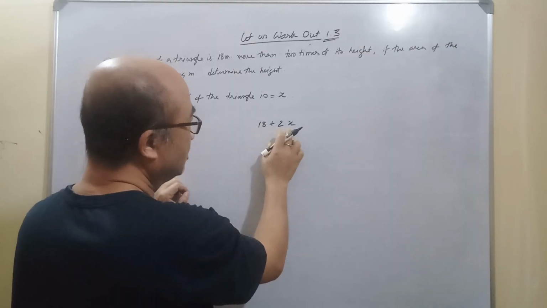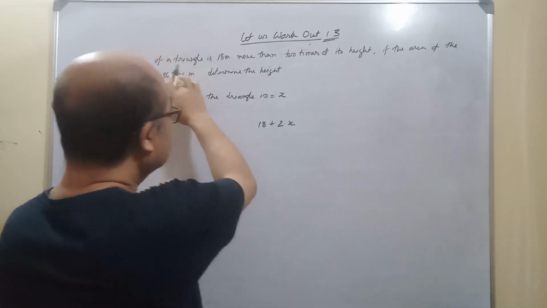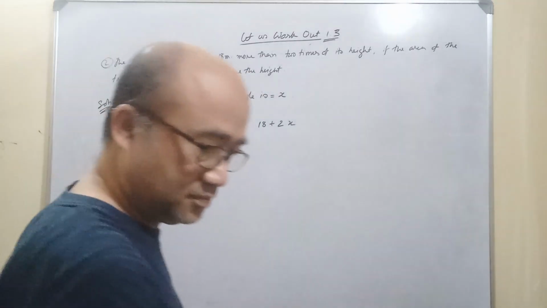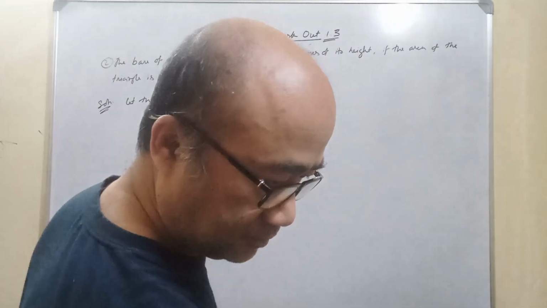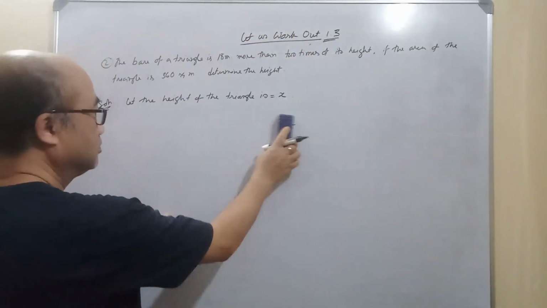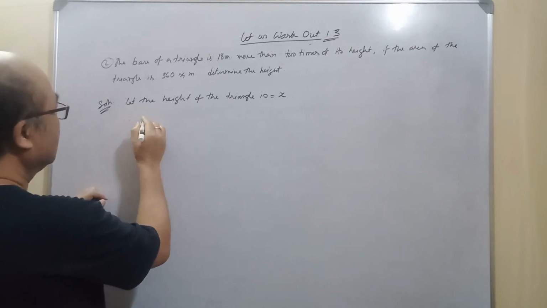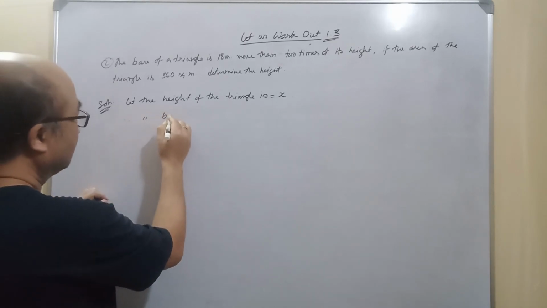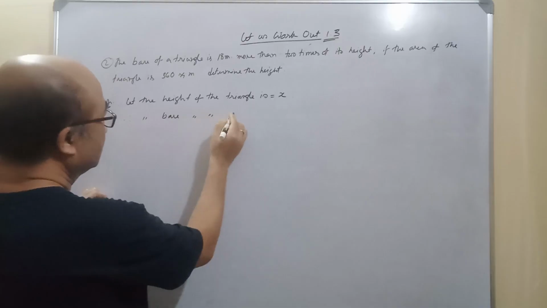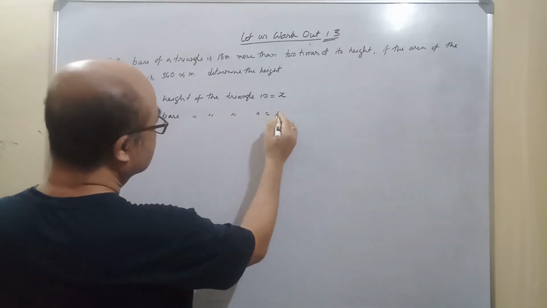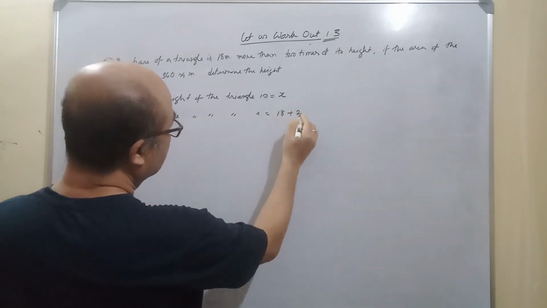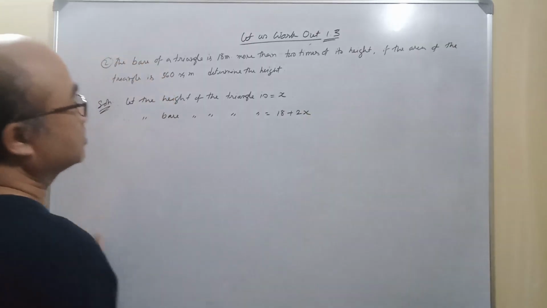So 18 plus 2x gives us the base of the triangle, right? Hence the base of the triangle is 18 plus 2x.